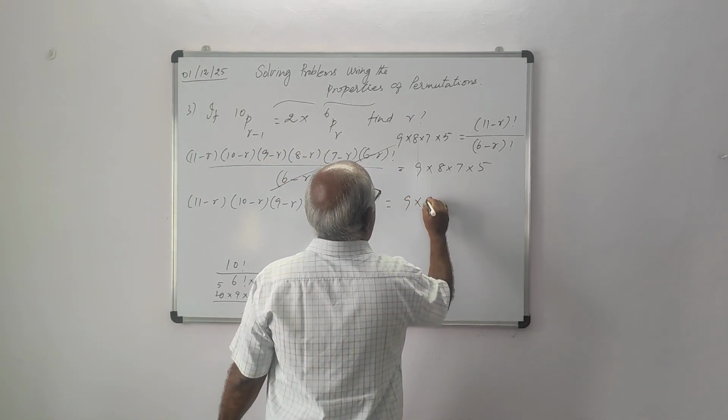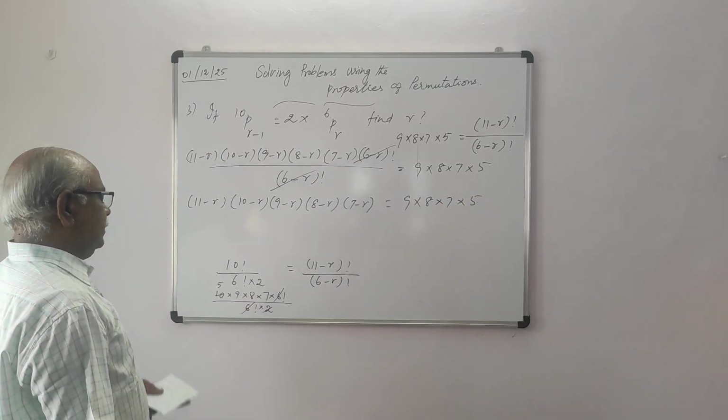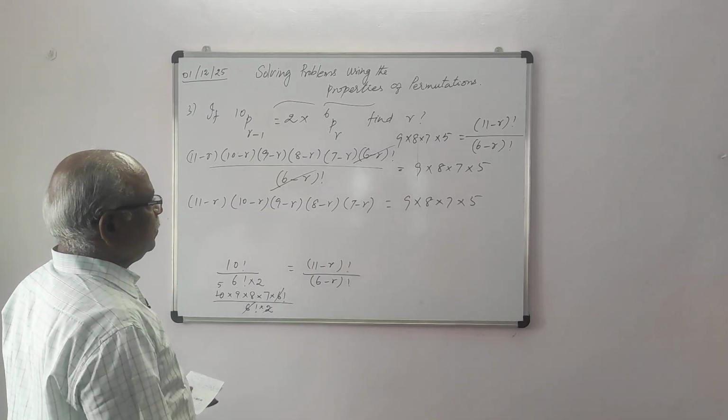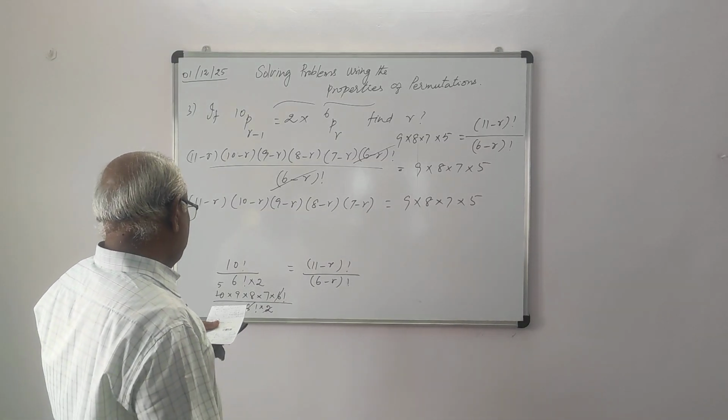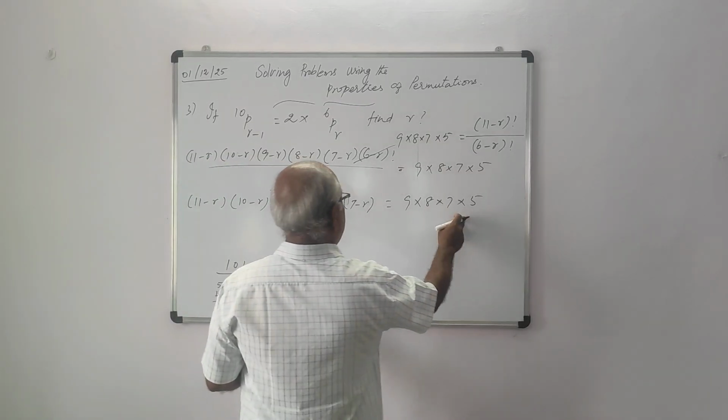Here you will get 9 into 8 into 7 into 5. Here you get 1, 2, 3, 4, 5 terms.